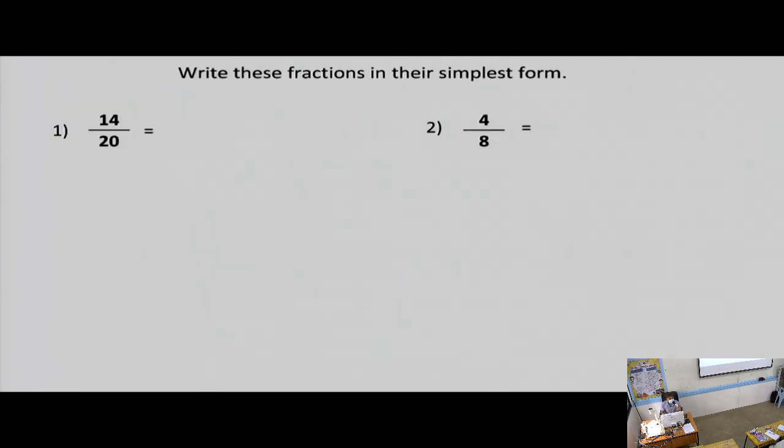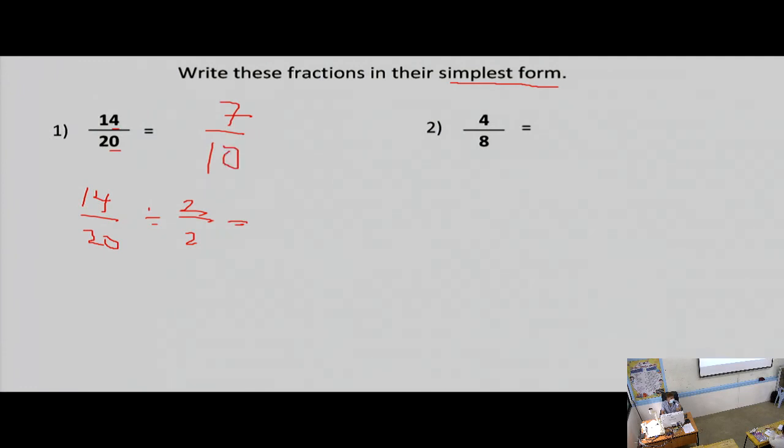Let us have this example for number 1. 14 over 20. What is the simplest form? These are both even numbers, so meaning you can divide them by 2, right? 14 divided by 2 is 7, 20 divided by 2 is 10.